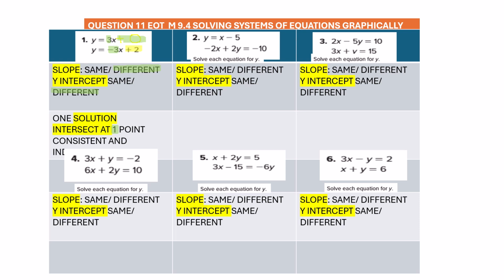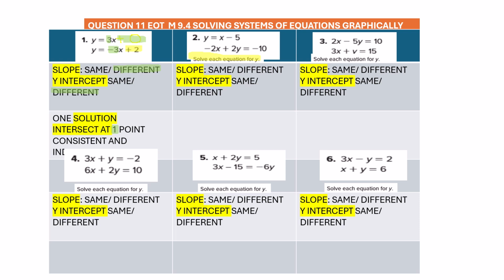So now you would do exactly the same, follow the same steps. Step 1, solve each equation for y. Then determine whether the slopes are the same, whether the y-intercept is the same or different, and then you would be able to conclude whether they intersect at one point or many points.